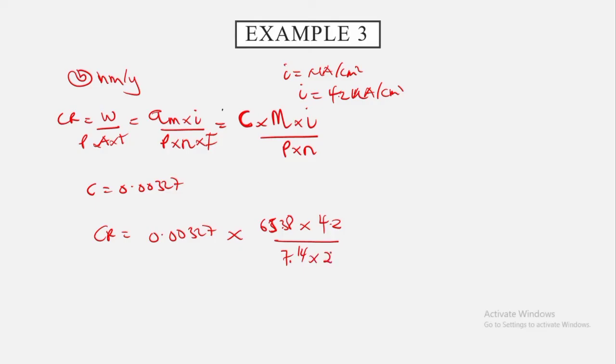So you take a calculator: 0.00327 times bracket open 65.38 times 4.2 all over 7.14 times 2, then you close it. The answer you are going to get for the corrosion rate is 0.0628 MPY.